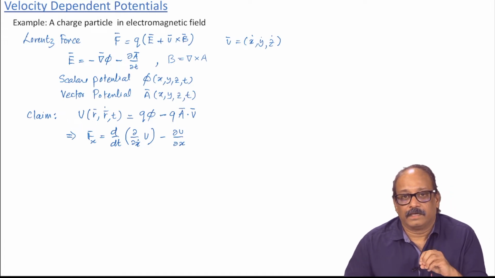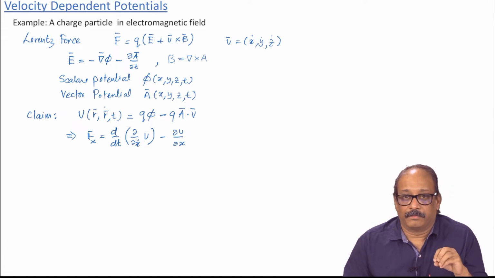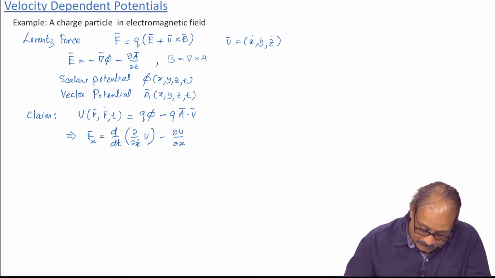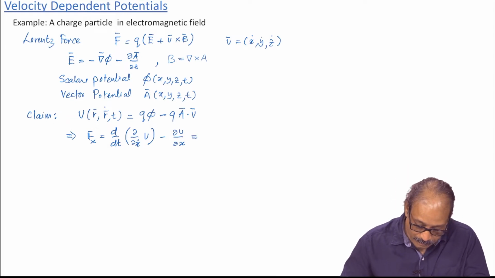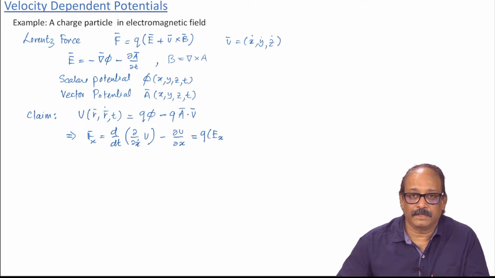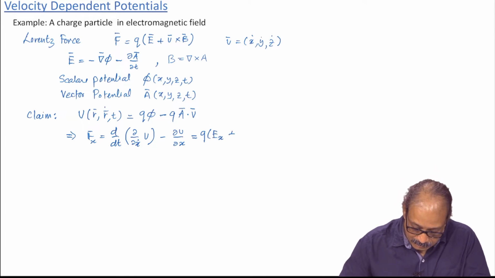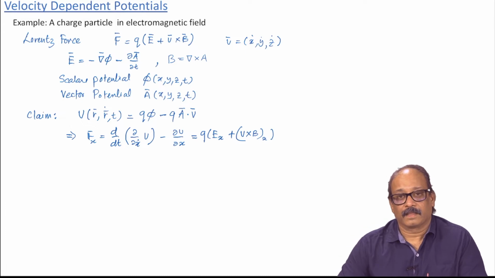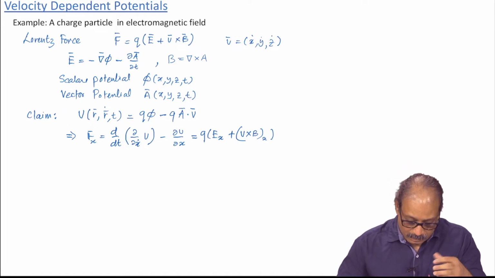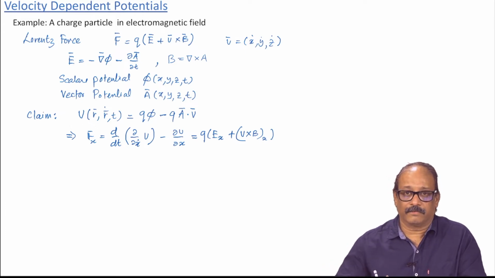This will give you the correct form for the Lorentz force, which means this should be equal to q times the x component of E plus the x component of v cross B, and this is what we are looking for. Let us do this calculation, it is very straightforward.